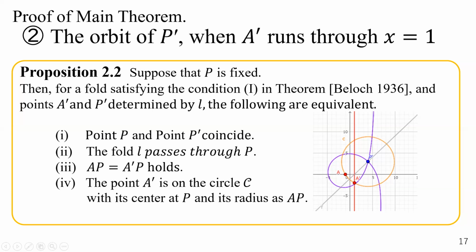Point P and point P prime coincide. 2. The fold L passes through P. 3. AP equals A prime P holds. 4. The point A prime is on the circle C with its center at P and its radius AP.